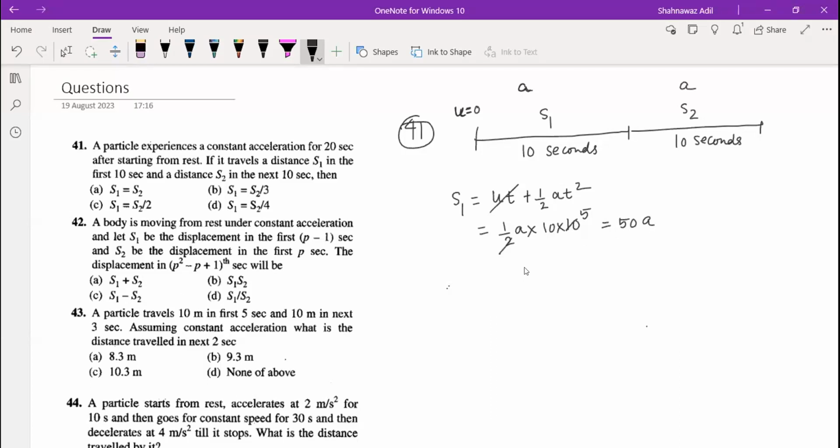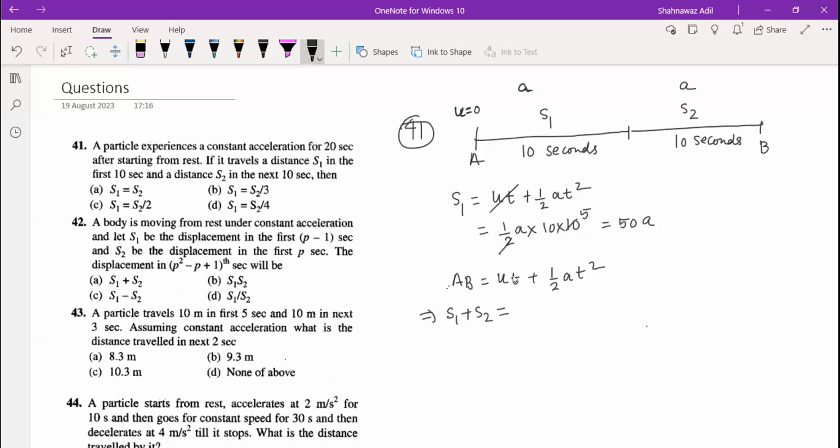Now let's talk about the whole journey, A to B. AB would be UT plus half AT square. So AB is S1 plus S2.